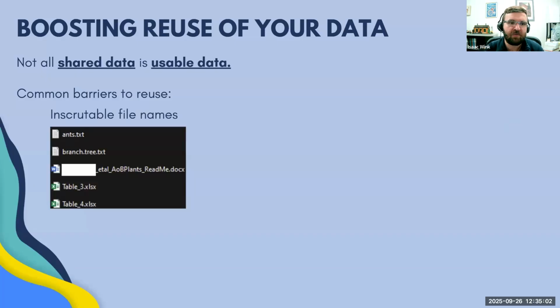The first and one of the most common is inscrutable file names. If you've downloaded a zip file containing data for a particular project and you open it and there are 1,000 files in there and all of them simply have names that are just integers, for example, or just names like table 1, table 2, with no additional context there, and there's no way for you to easily understand what those file names mean, then it's unlikely that you're going to work with that data.